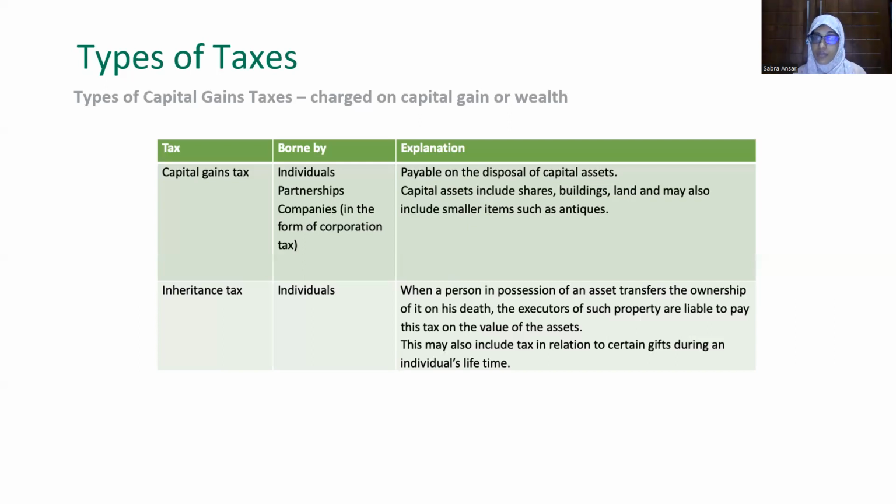You're getting it as a gift, or the ownership of that particular property is just being given to you for free. So that means it's somewhat like a profit, right? So the government will be taxing you, and it is called the inheritance tax.